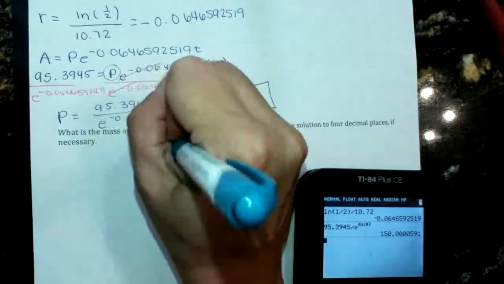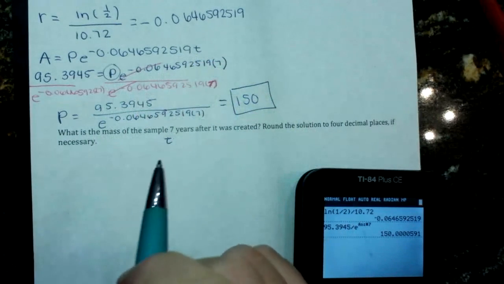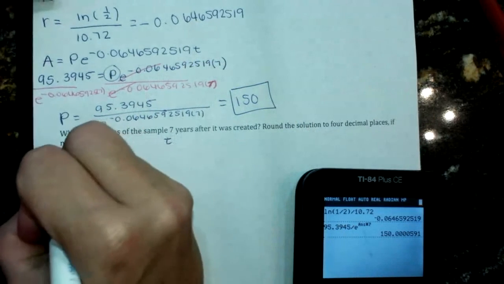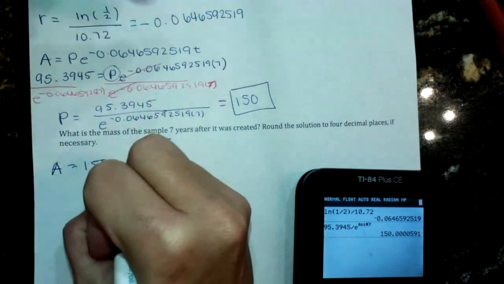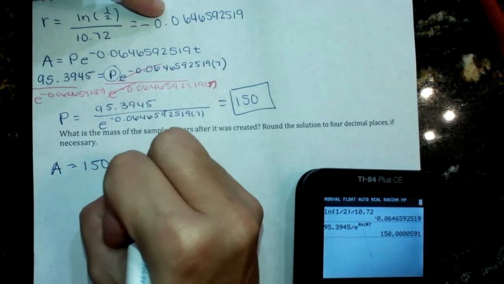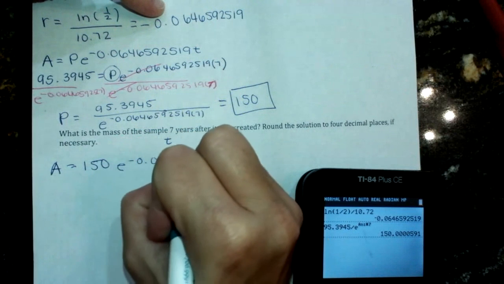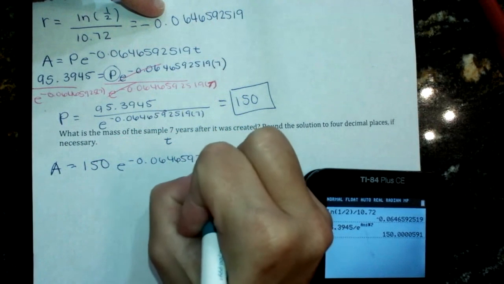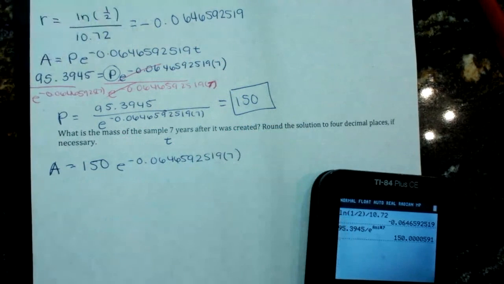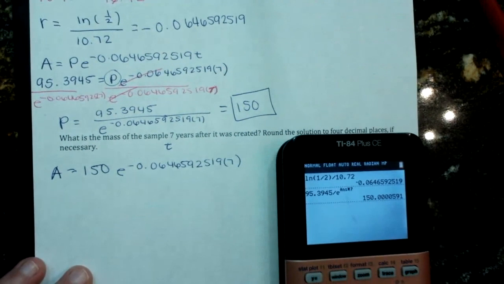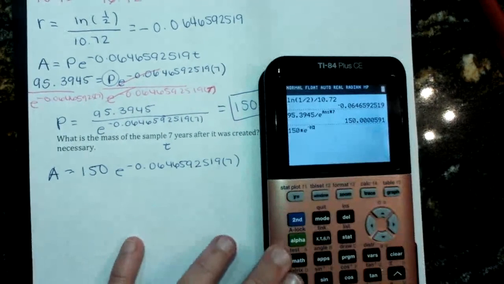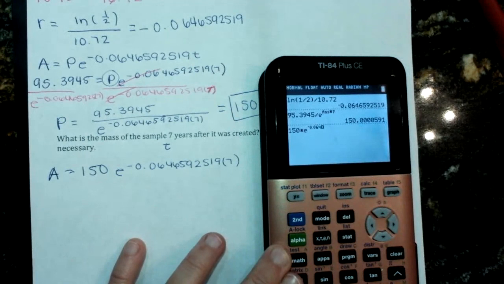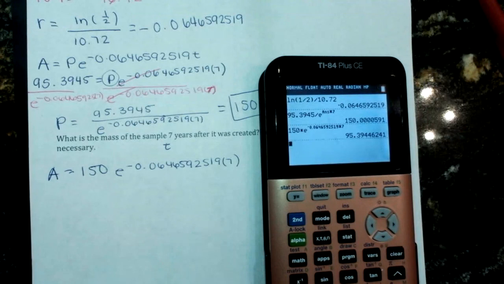So it's telling us that T is 7, so I can plug that into my equation. My equation now is A equals P, which is 150, e to the rate, which is negative 0.0646592519, and then plugging in 7 for T. So 150 times second ln e to the negative 0.0646592519 times 7.